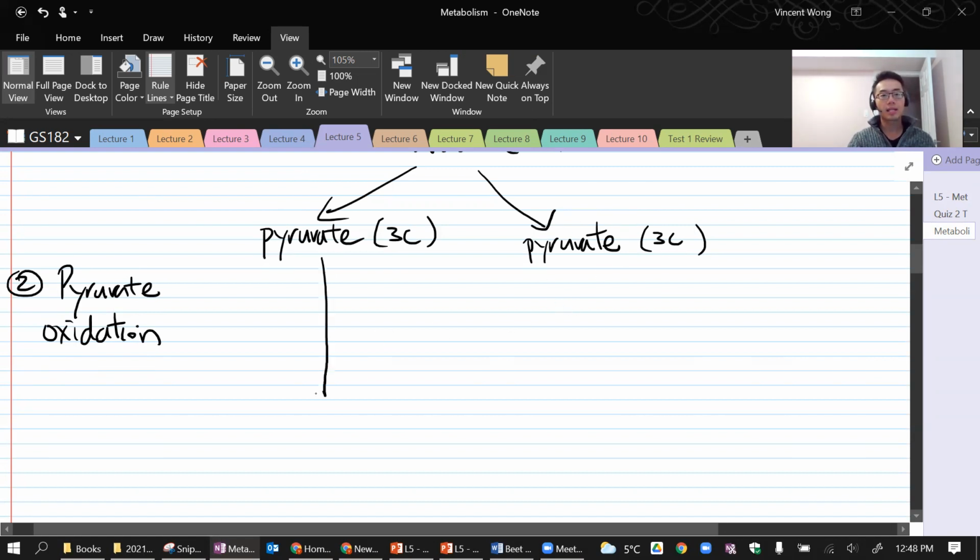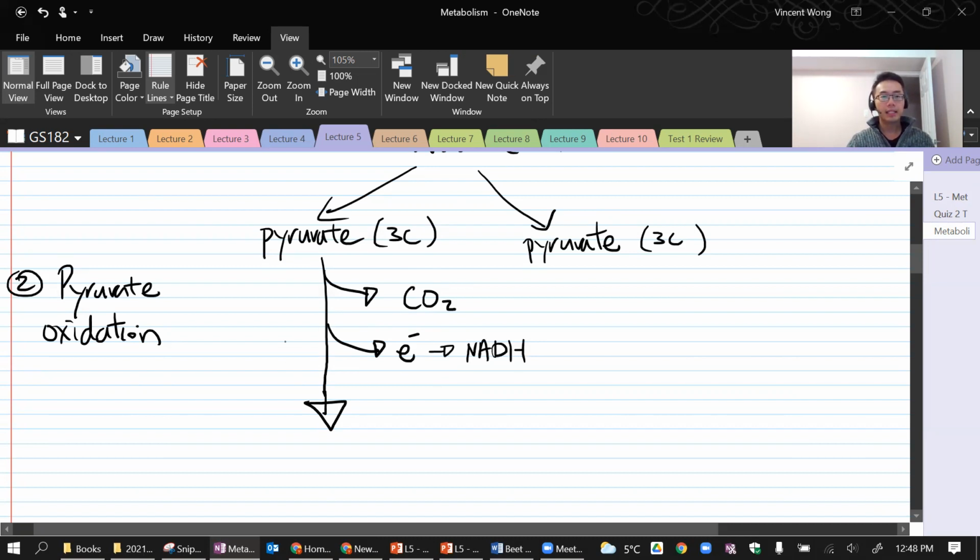So 3 things actually happen to our pyruvate here. Number 1 is you will remove a carbon dioxide from it. It's called decarboxylation. It's in your PowerPoints. You remove a carbon dioxide. You will remove electrons from it, which then generates NADH.